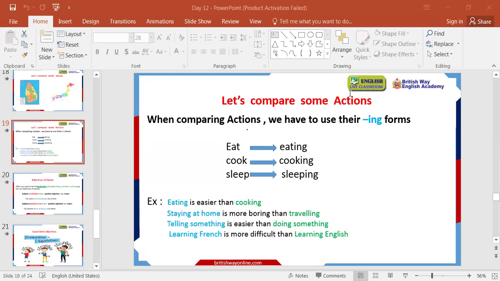Printing is easier than writing. Eating is easier than cooking. Watching a movie is easier than reading a book. Walking is slower than running.